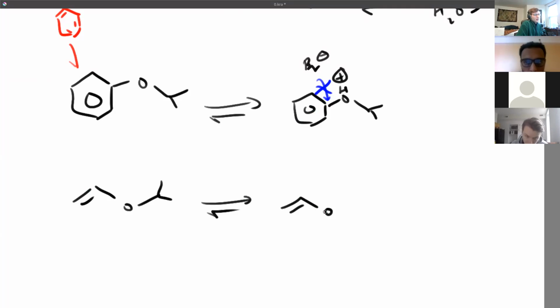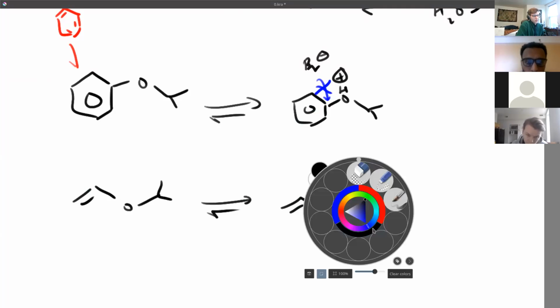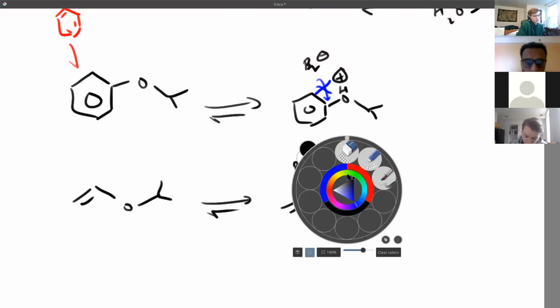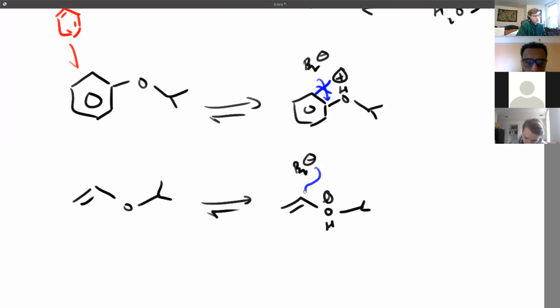There we go. Okay, we could protonate, right? And same thing. If we wanted to take our bromine, we can't attack here because you can't do a backside attack on an sp2 hybridized carbon. Yeah, it won't work.